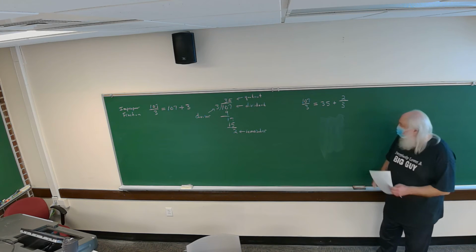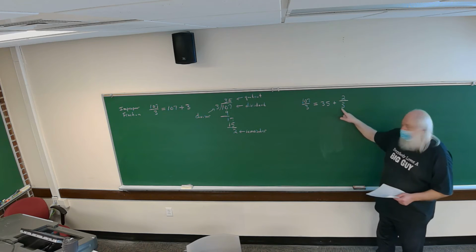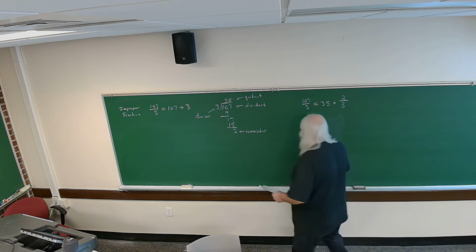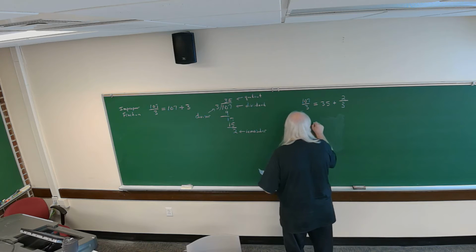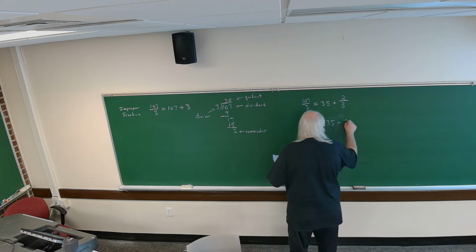Now, if I multiply both sides by 3, I have 107 is equal to 3 times 35 plus 2.